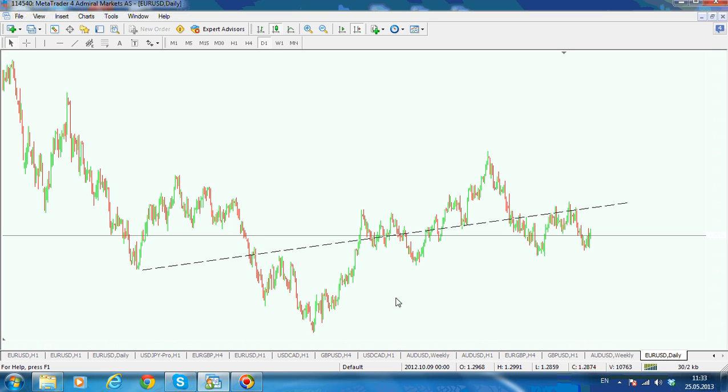If you take a look, this trend line here did actually offer support, then was broken, and is now resistance. And what I would do next, I would try to copy this trend line and put it on the previous area here, and try to project it forward.